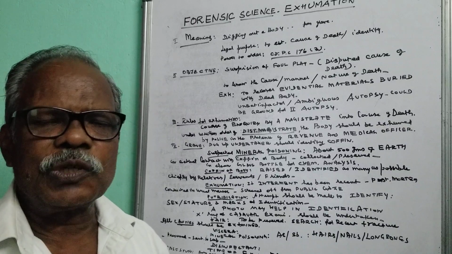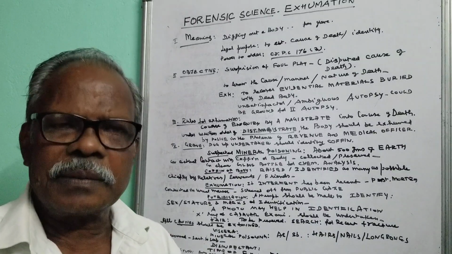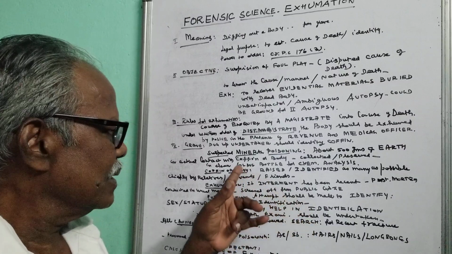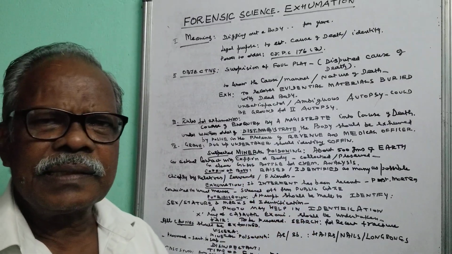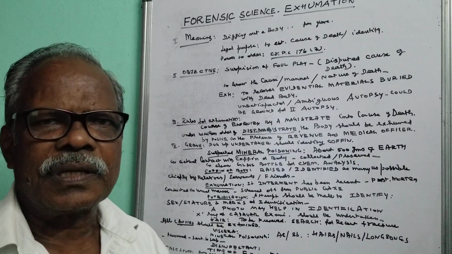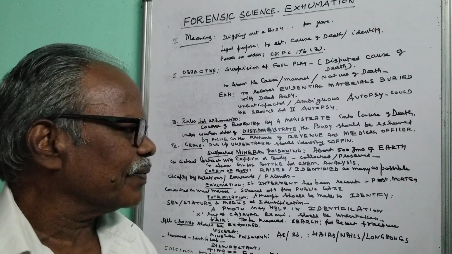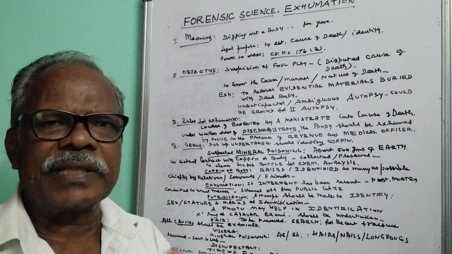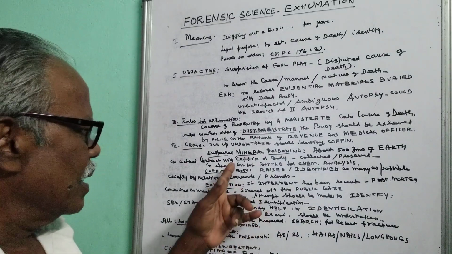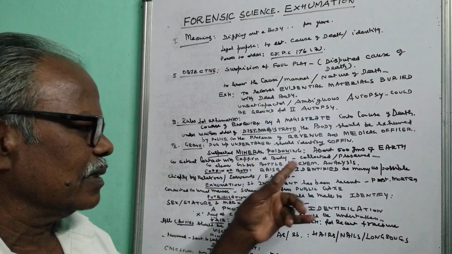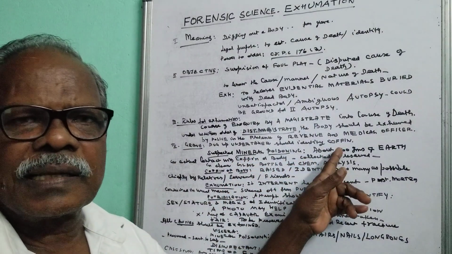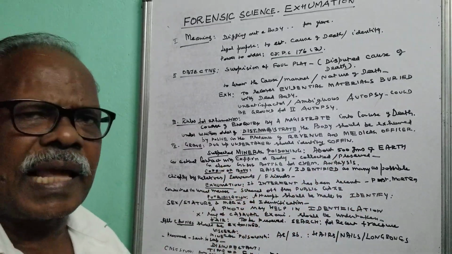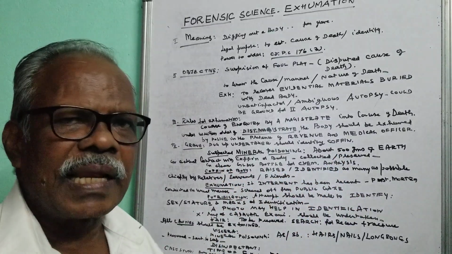The procedure: if doubt arises due to mineral poisoning, about 500 grams of earth in contact with the body or coffin should be collected and preserved in a clean glass bottle for chemical analysis.